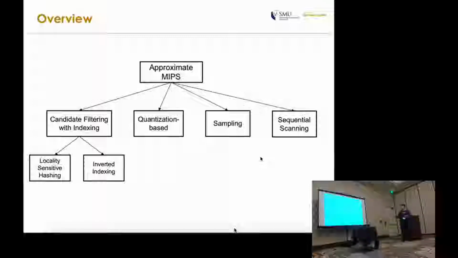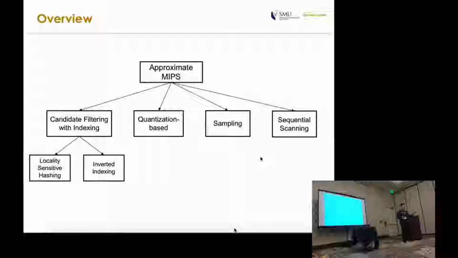And then lastly, there is the quantization-based approach. This approach reduces the cost of a particular inner product computation. So you can imagine that either you narrow down the search space by reducing the number of candidates, so that you need to perform fewer inner product computations, or you reduce the cost of a particular inner product computation.